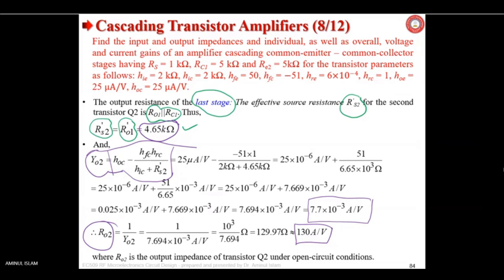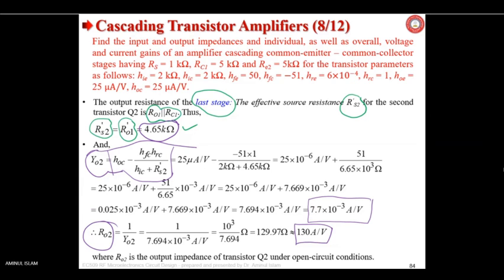Is it understood? The output stage, that is the final stage, Q2, has an output resistance of about 130 ohm.